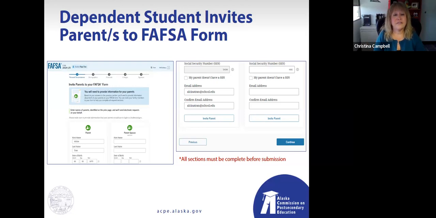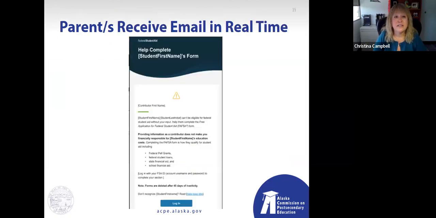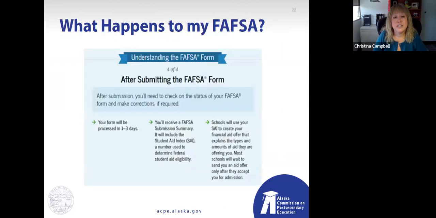All the parent has to do is accept that invitation, log in, and they can separately or simultaneously continue to fill out the FAFSA with their student. So they can realistically get that done in one sitting. Again, it's sent in real time, which makes it really nice.